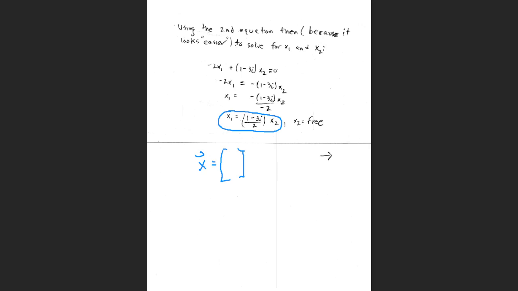If we go to the next page, the eigenvector x will equal x2 times the vector with entries (1 minus 3i)/2 and 1. But any multiple of an eigenvector is itself an eigenvector, so let v1 be the eigenvector with entries (1 minus 3i)/2 and 1.